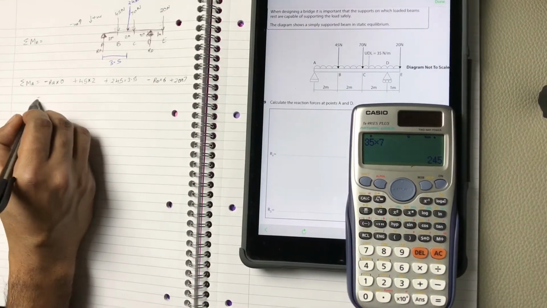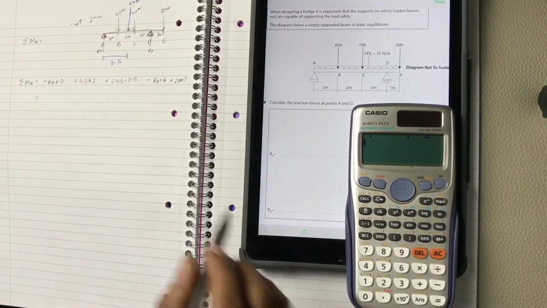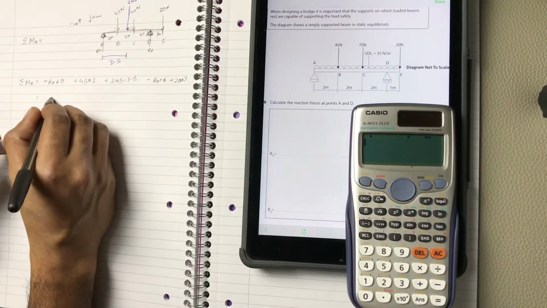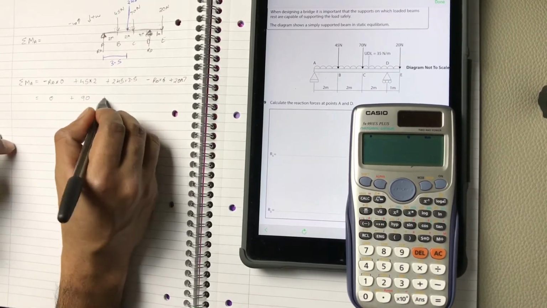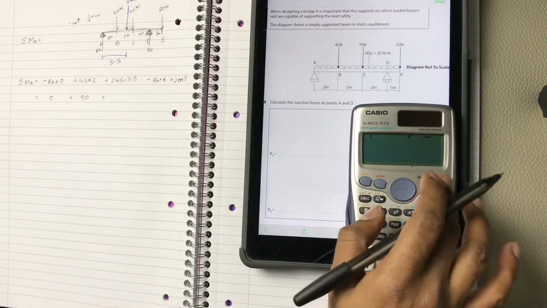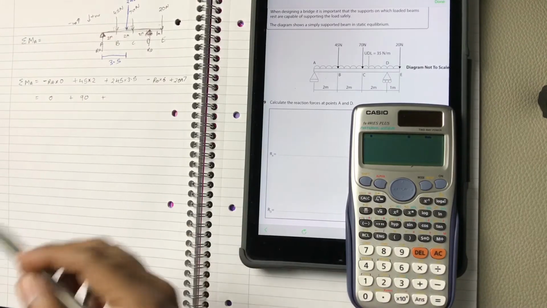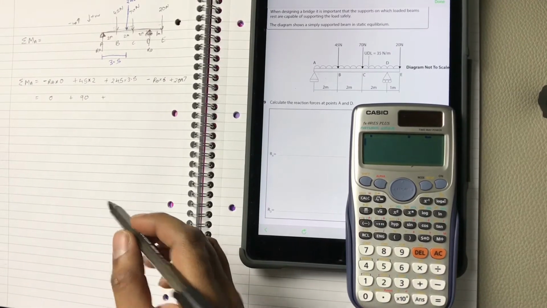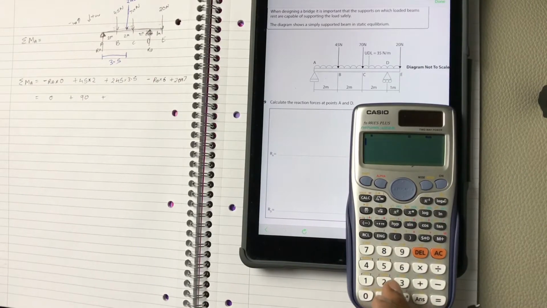Now I'm going to rewrite this equation with all these expressions solved. I might need my calculator for that. Ra times 0 will be 0, plus 45 times 2 is 90, plus 245 times 3.5. This is a bit of a complicated expression. It's good if you can solve it in your mind, but it is better to use the calculator because you will not go wrong.